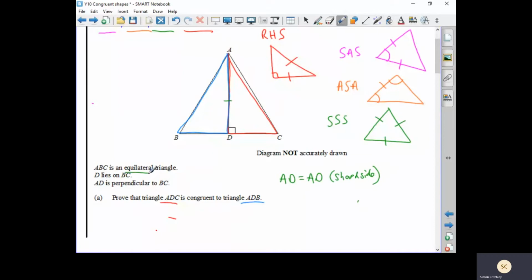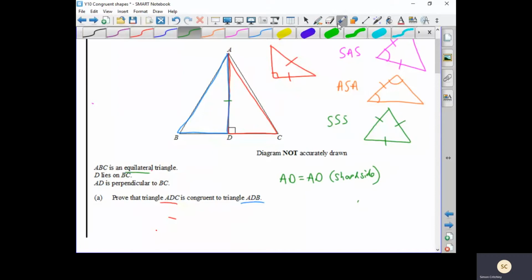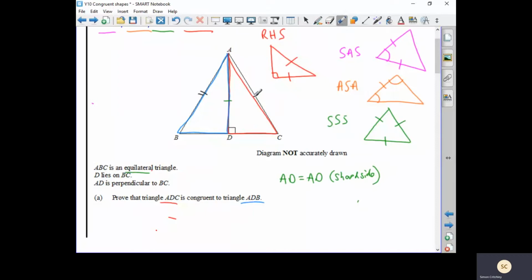So we're told in this case that all of these 3 sides are the same as each other. So we've also got now that AB is the same as AC. AB equals AC. You have to say a reason, and that's because they are all sides of an equilateral triangle.